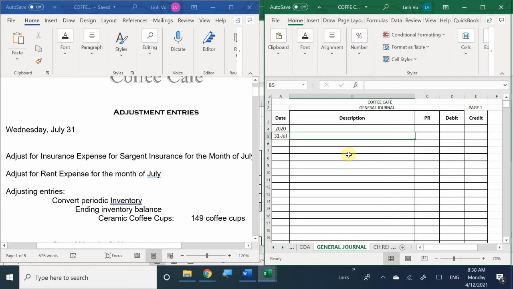How do I use insurance in this kind of sense? Like an expense? Correct. Insurance expense. That's correct.